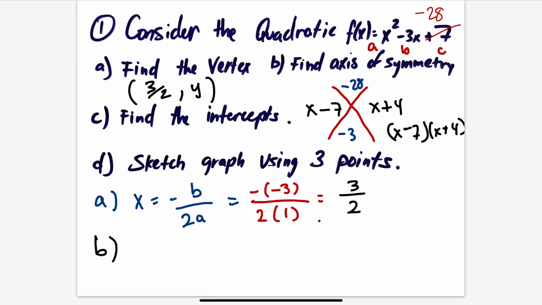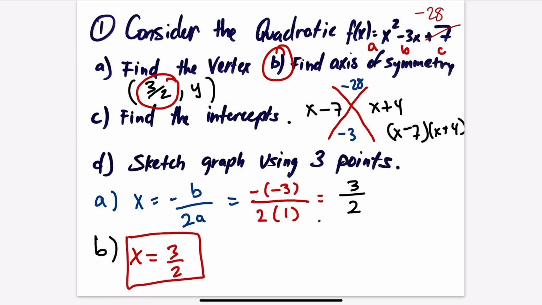The axis of symmetry is actually very easy. You already have it when you get the x of the vertex. In fact, that's what it is: x equals 3/2. But in this case it's not for the vertex, this is just because this is the axis of symmetry.